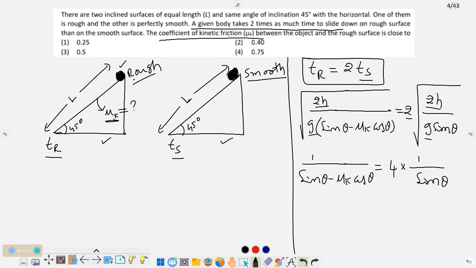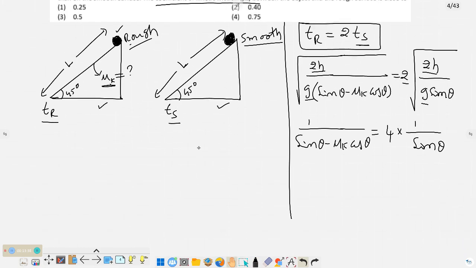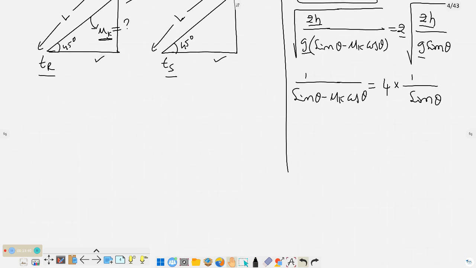Now cross multiply to get the required answer. If you cross multiply, sine theta is equal to 4 times sine theta minus 4 mu k times cos theta.